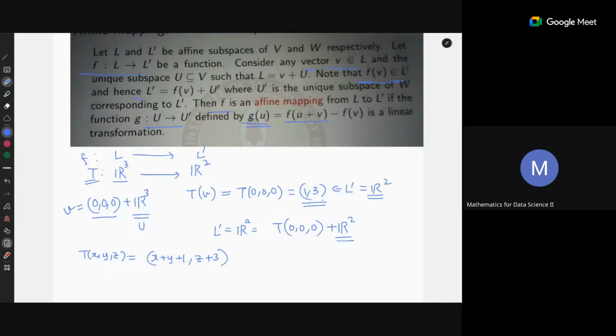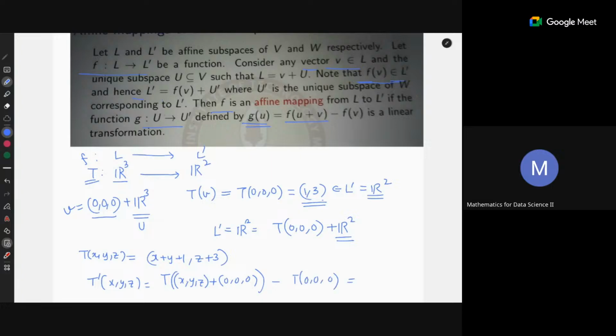How do we define T prime according to this definition? T prime of X, Y, Z is equal to T of X, Y, Z plus V, where V is 0, 0, 0, minus F of V, which is T of V.